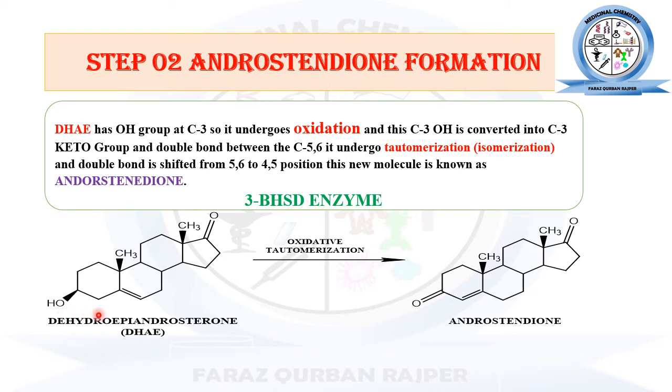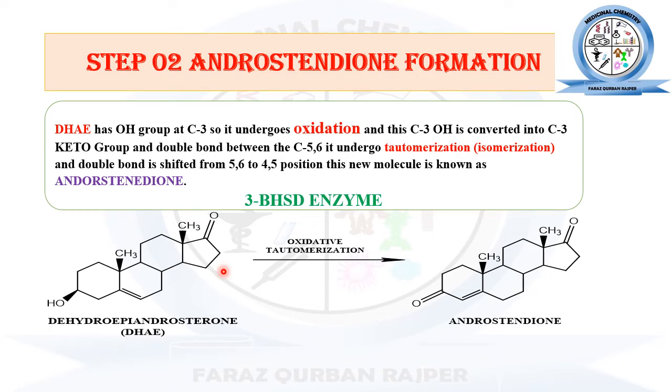We know that whenever an alcoholic or hydroxy group undergoes oxidation, it gets converted into a ketone group. So now the dehydroepiandrosterone C3 hydroxy group will be converted into the ketone group.